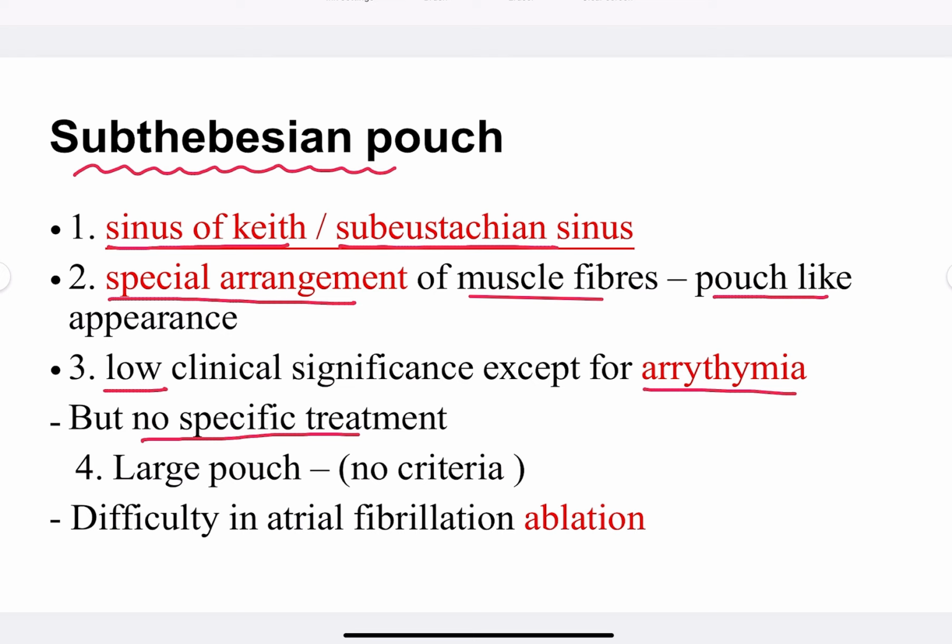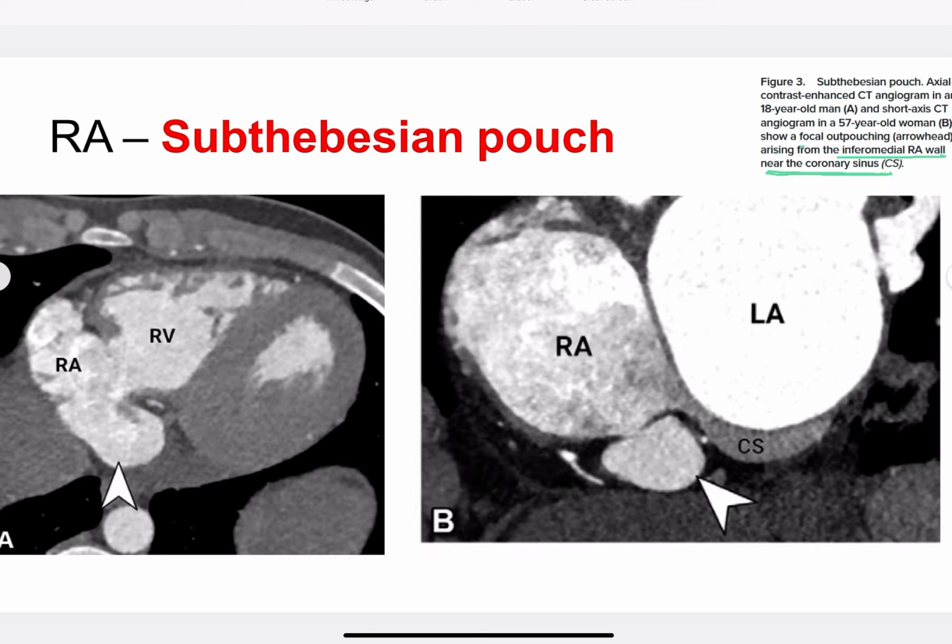But even in such cases, no specific treatment is advised. Now, if the pouch is large, for which no objective criteria is defined, we need to keep in mind that there can be difficulty in atrial fibrillation ablation procedures. Hence, we need to mention if the pouch is large in our reports. Now, let us see the image of the Subthebesian pouch. In the first image, this is the right atrium and this is the right ventricle.